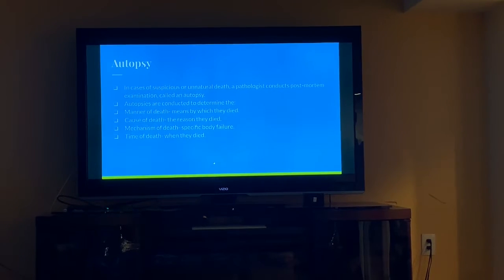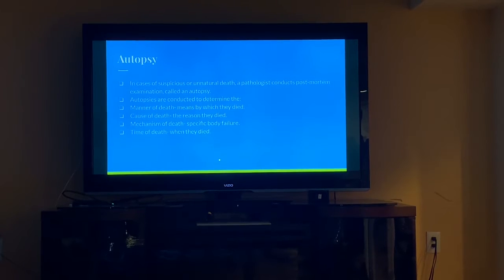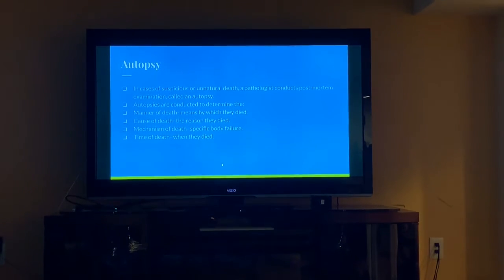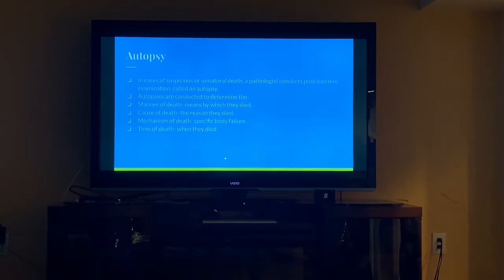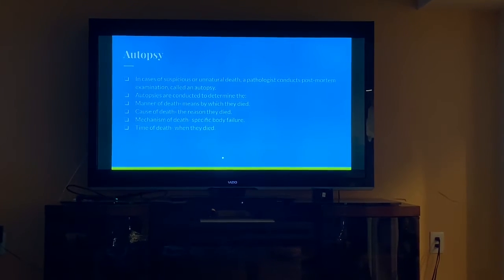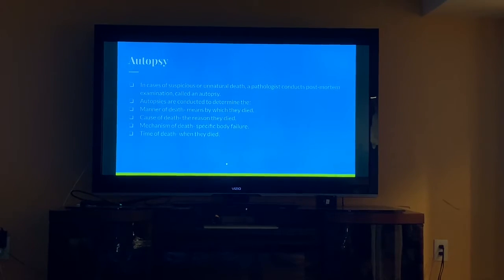Next, here we have autopsy. Autopsy basically is an examination done on a body when you don't know how they died. An autopsy could be done by a pathologist or sometimes a county coroner.